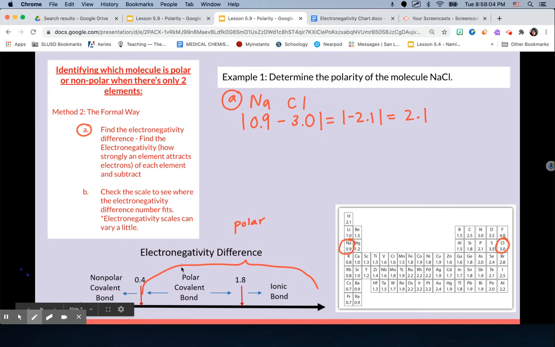And then if they're kind of being shared unevenly, then you have a polar covalent bond. But in general, if it falls anywhere within this range of greater than 0.4, it is essentially polar. And if it's 0.4 or less, we call this nonpolar.